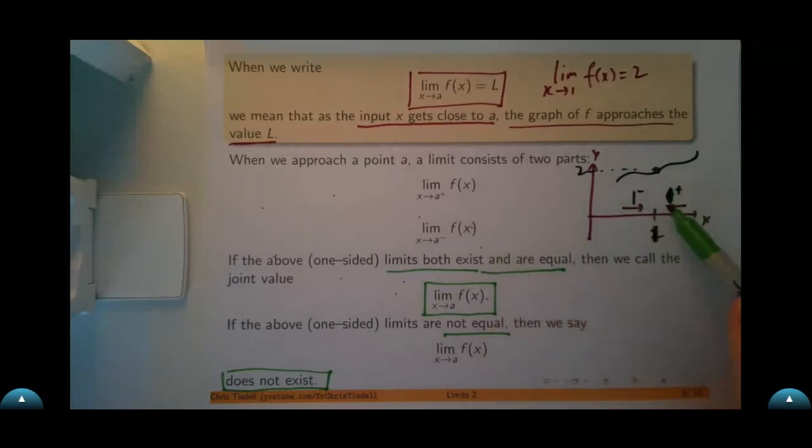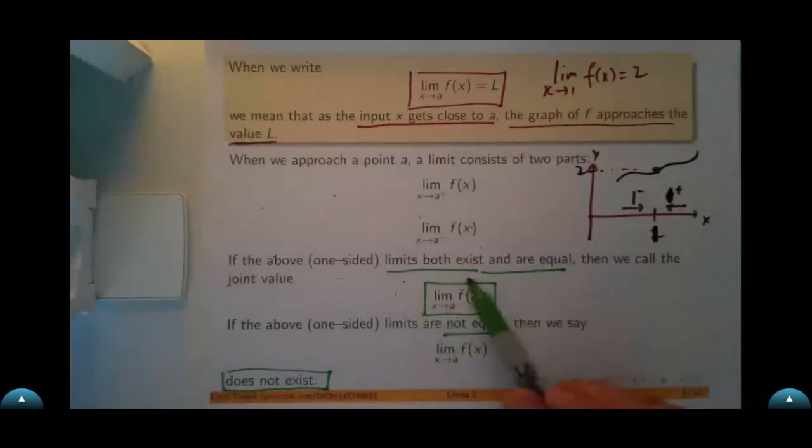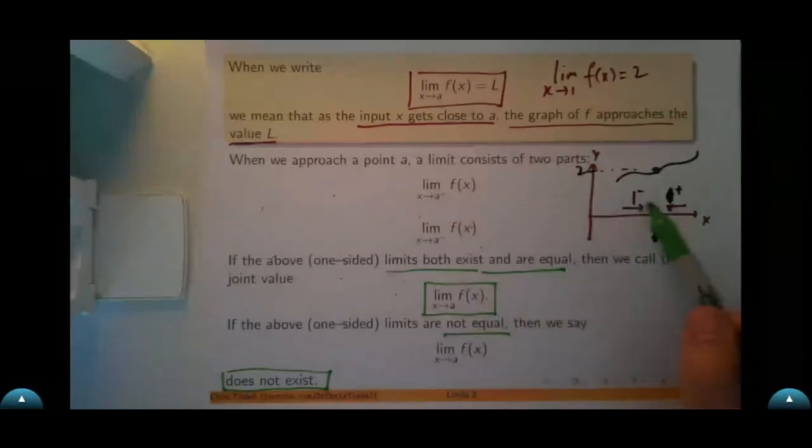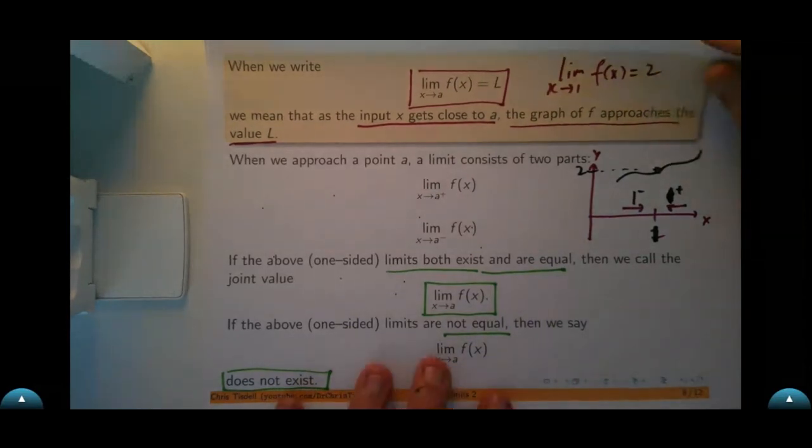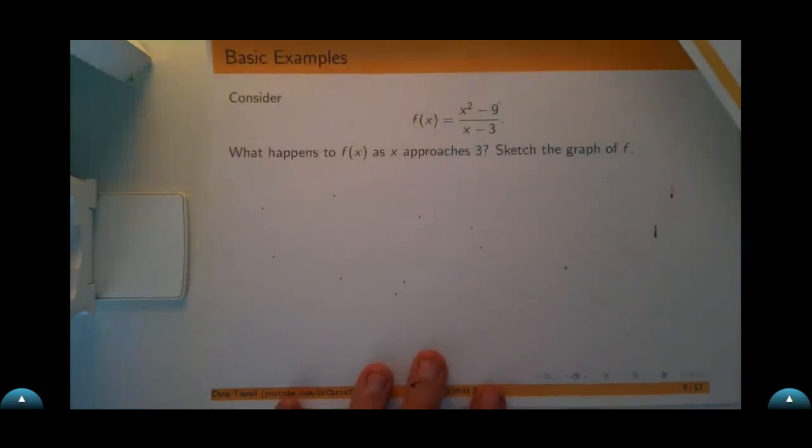If the left-hand limit and the right-hand limit are both equal, then their joint value is written as this. If they're not equal or they don't exist, then we say this general limit does not exist. So the best way to understand these ideas is through examples. So let's have a look at some examples.